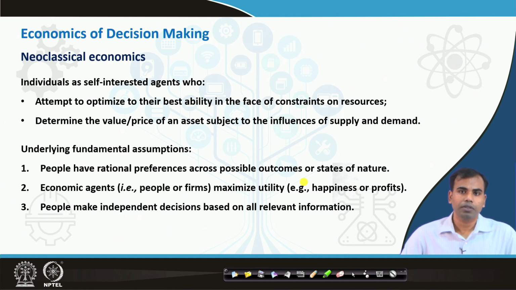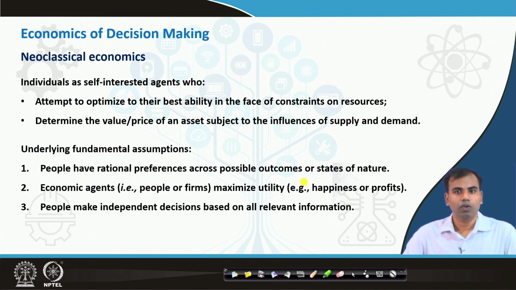So, the first assumption, that is rational preferences among individuals who are economic agents, is followed by another assumption that suggests that these agents basically try to maximize utility.